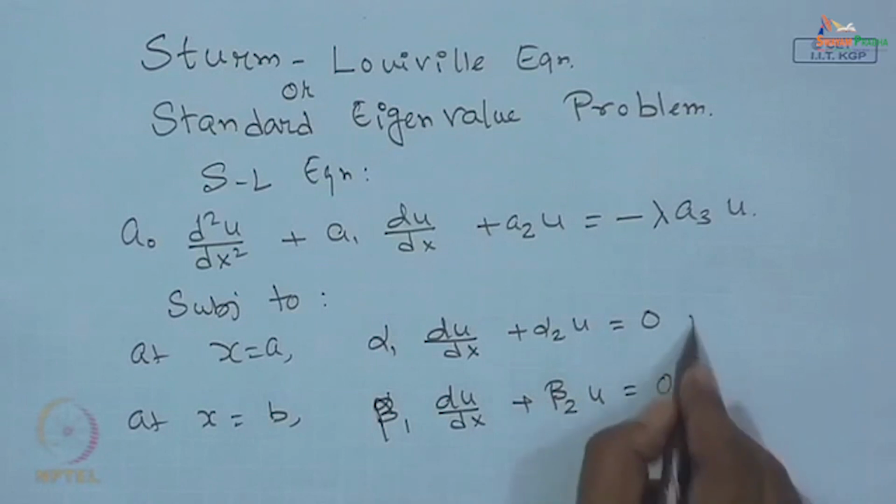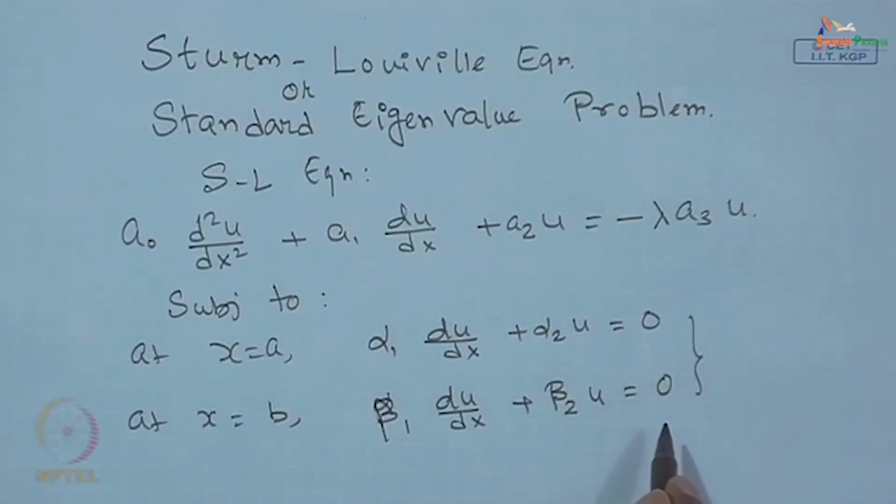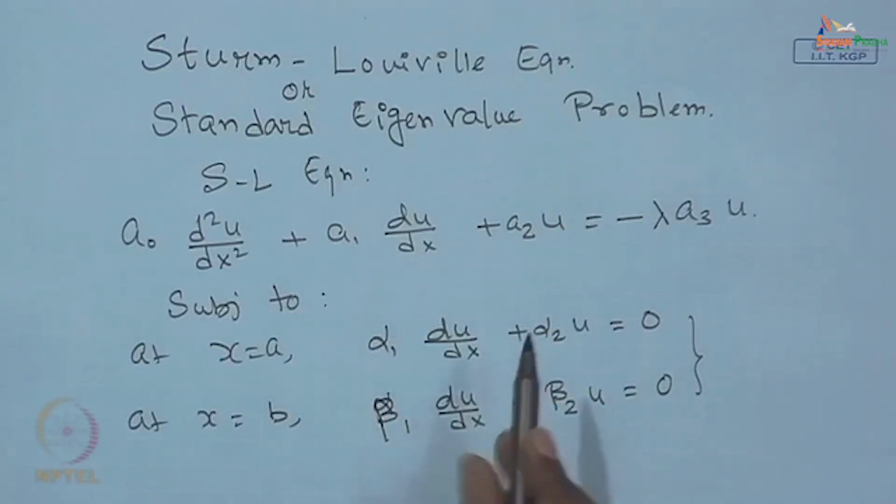So, we consider the two most generalized boundary conditions. If alpha 1 and beta 1 are 0, then both of these boundaries boil down to the Dirichlet boundary condition. If alpha 2 is equal to 0 and beta 2 is equal to 0, we will be getting a Neumann boundary condition. If both of them are non-zero, then we will be getting a Robin mixed boundary condition.